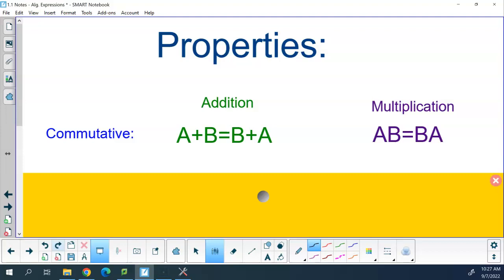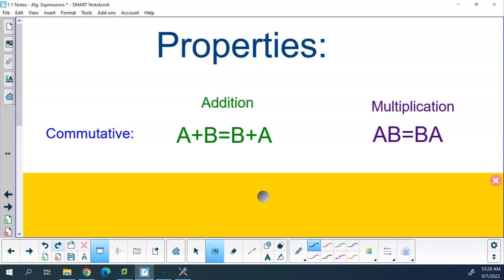So for instance, the first property here is the commutative property. The commutative property of addition, it's written out for you, and multiplication. What the commutative property tells you is that order doesn't matter when you're adding or when you're multiplying.